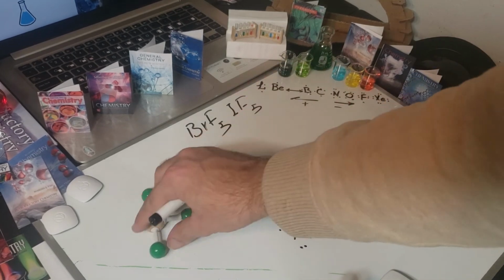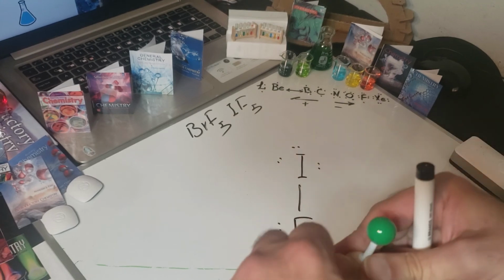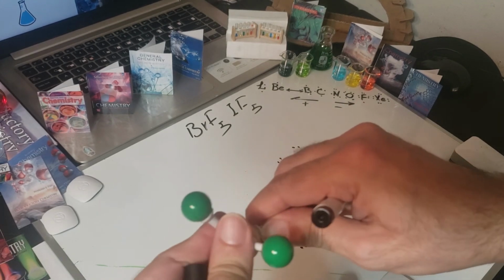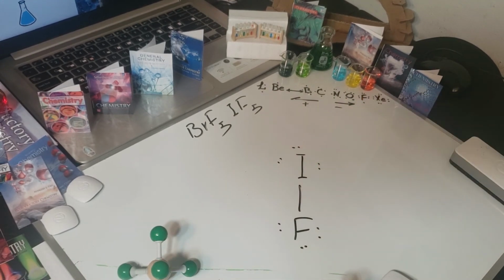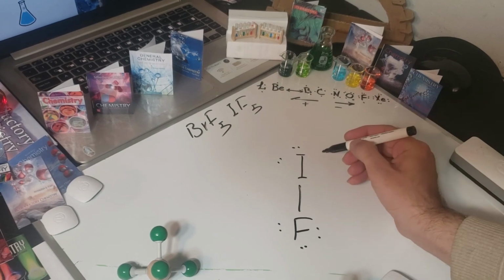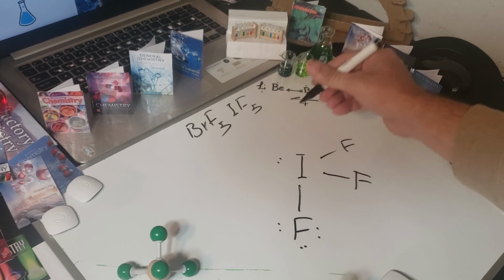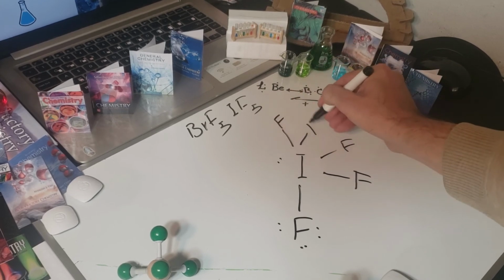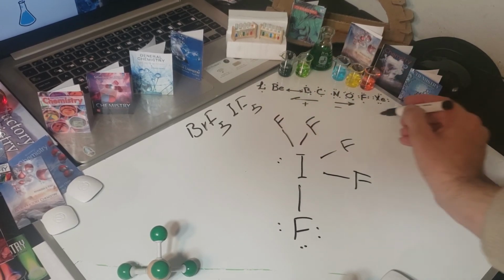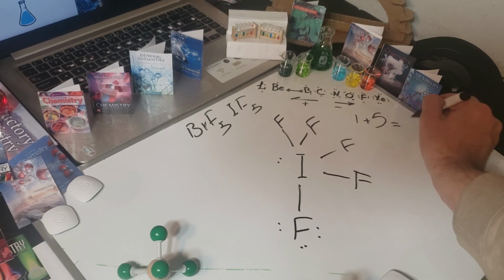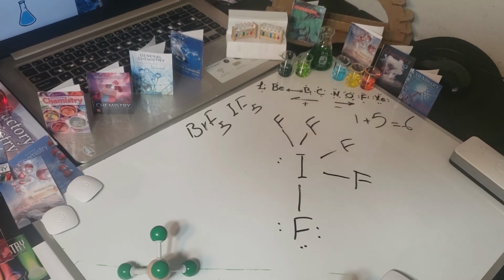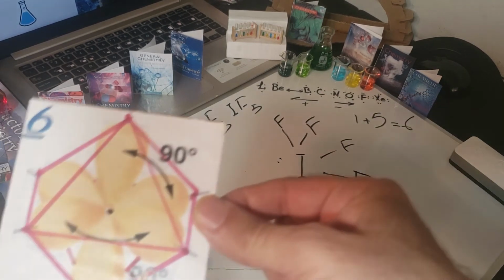It fills its octet. It doesn't really want to do anything more than this, but there are 4 fluorines waiting outside to attack these lone pairs. So if they attack this one, it would satisfy the hunger of 2 of them. And if they attack this one, it would also satisfy the hunger of 2 more of them. So we have 1 lone pair, 5 surrounding atoms, 6, an octahedral framework with just 1 lone pair.